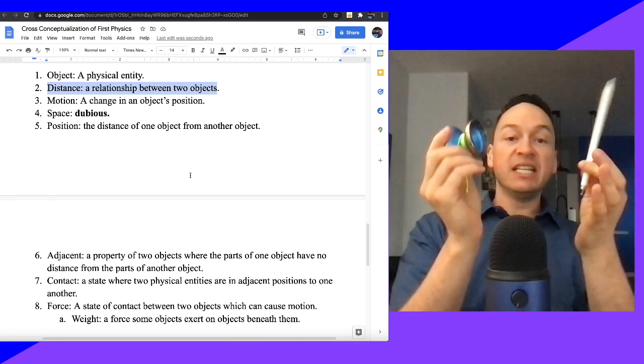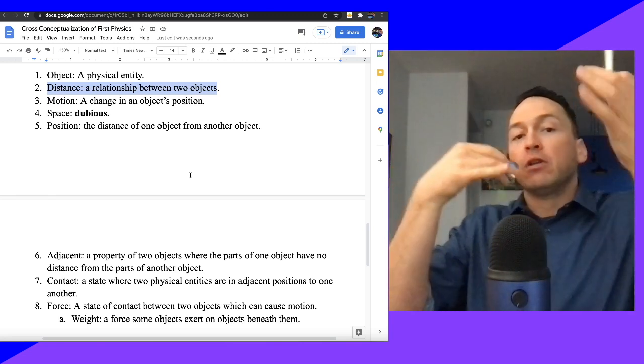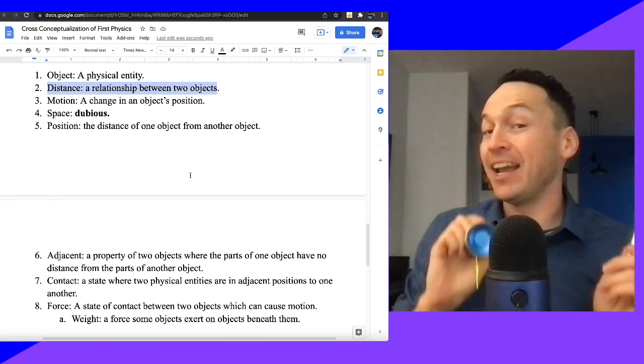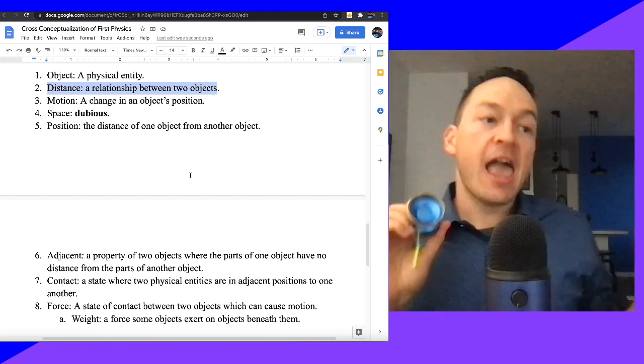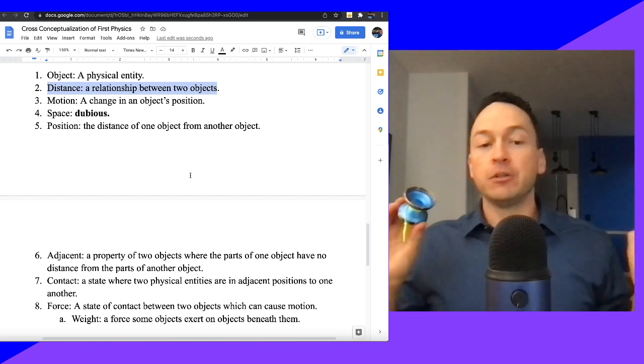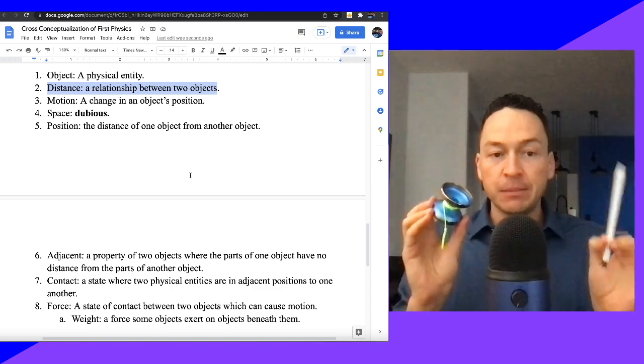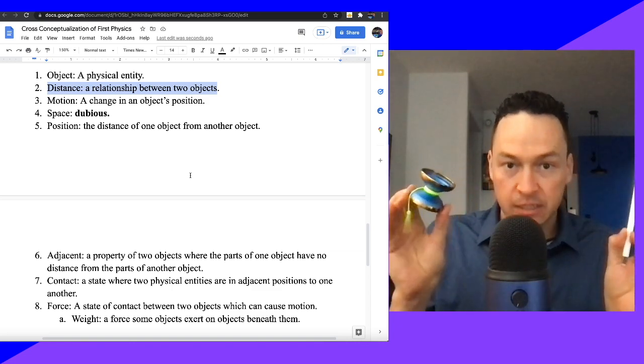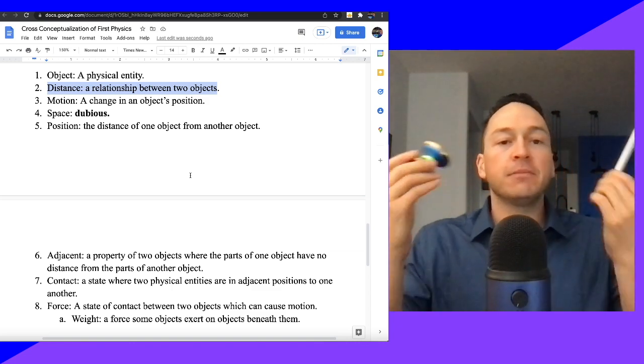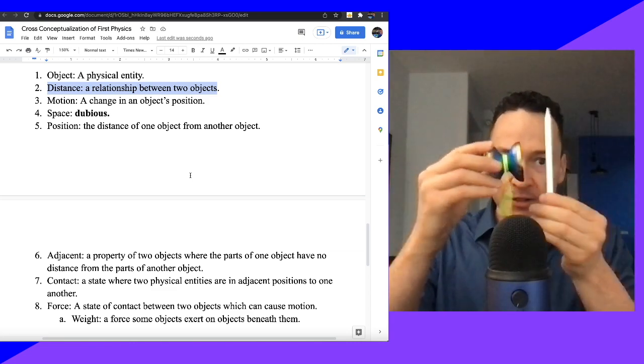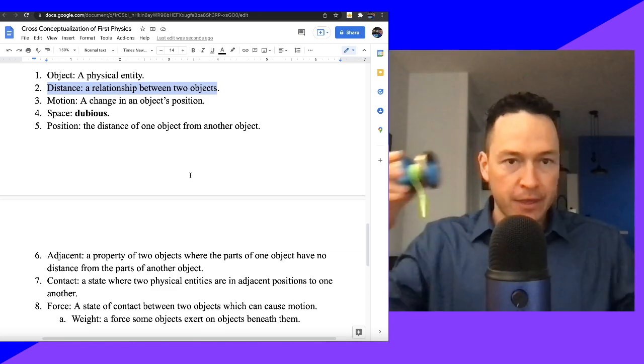Now, do distances have some kind of underlying physical cause? I think so. Everyone treats distance as irreducible. Now, from an epistemological perspective, I think it is. What do I mean by that? I mean, in terms of the way we grasp the world, when we talk about distance, we're just talking about this, okay?